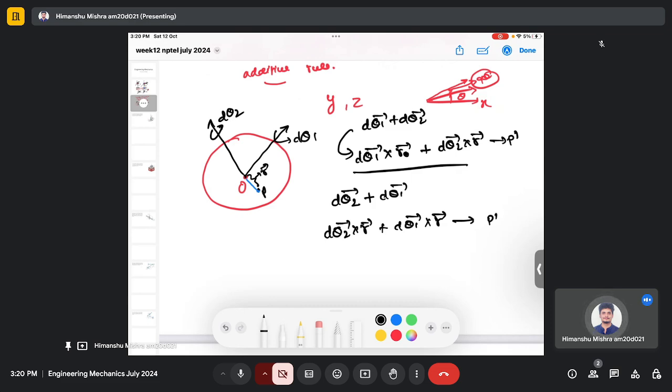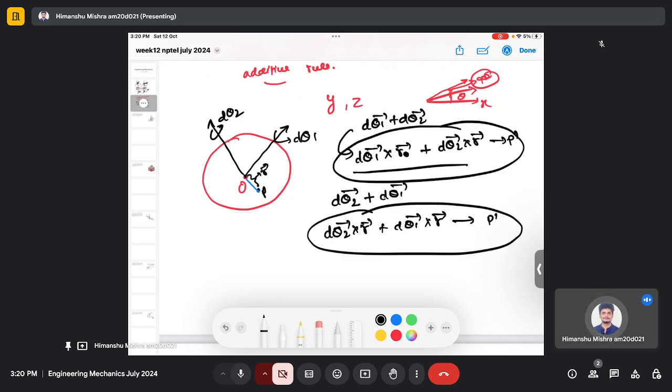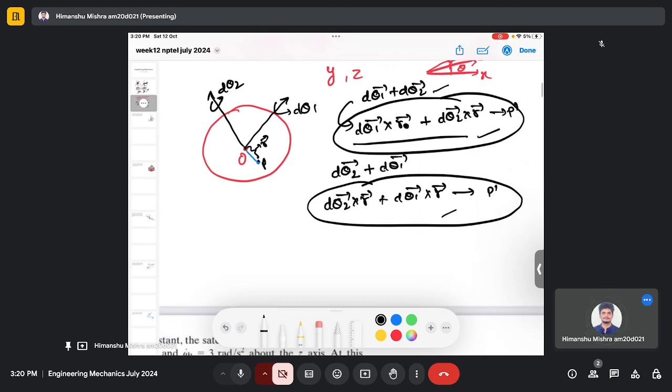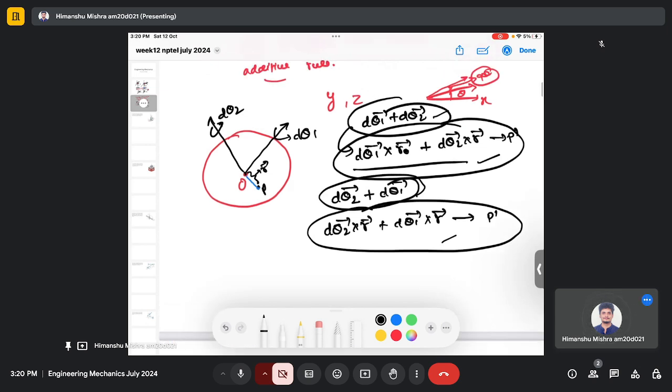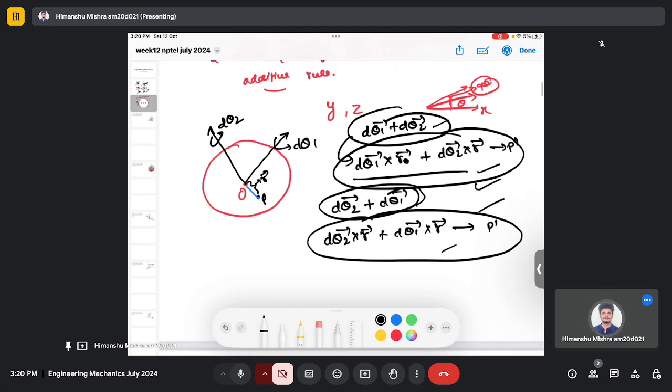You can see that in both cases it will move to the same point P dash following the same equation, which means this small rotation of this small element can be treated as a vector quantity, and it follows this additive property. You can add the rotations from various elements together, because this is what vectors do.